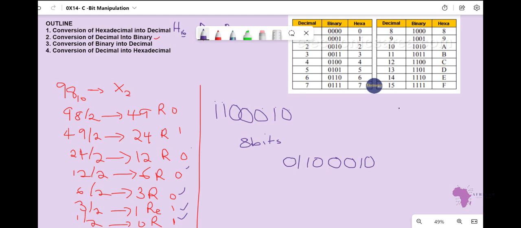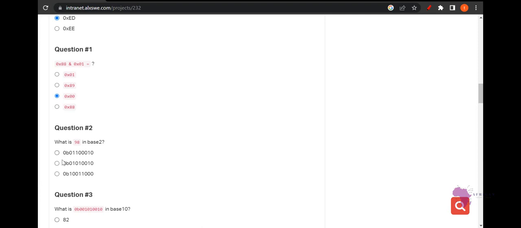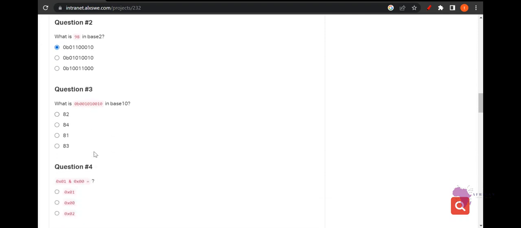And then we need to add what we call the binary notation. Binary notation is 0b, so we add 0 and then b like this. This is now our answer. Let's see if we have such an answer. Where is it? This one. This one is the answer. Now let's get into the next question.